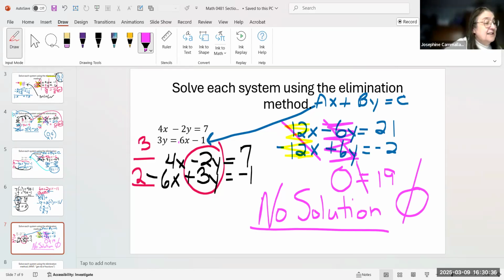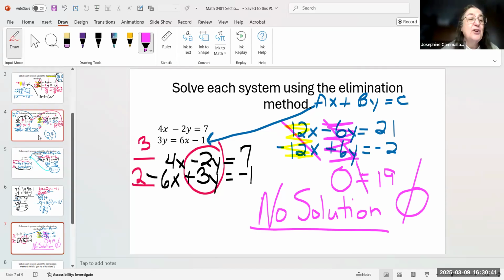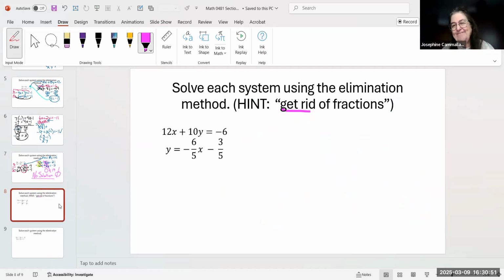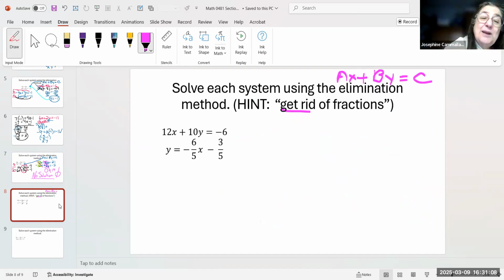Now, we got 2 more to do. Let's take a look at this one. Okay, now, this one is not a nice one because we got to get rid of the fractions. Plus we also have to have ax plus by equals c for this equation.